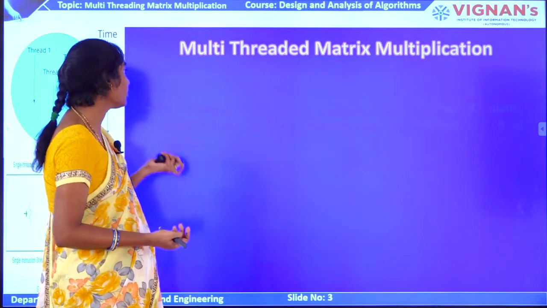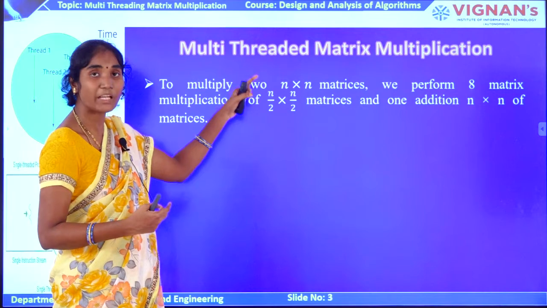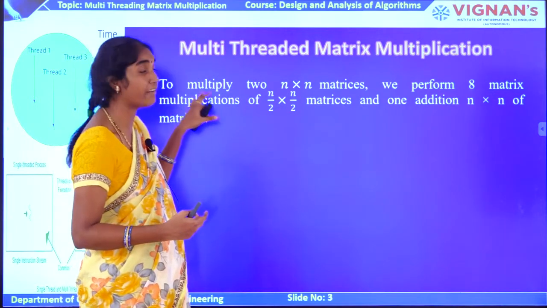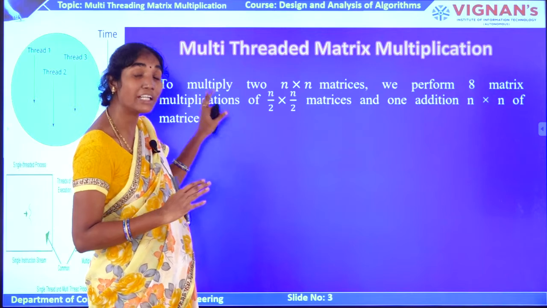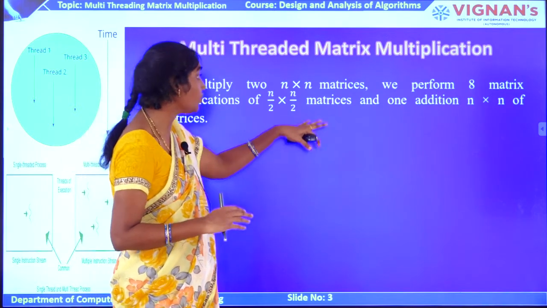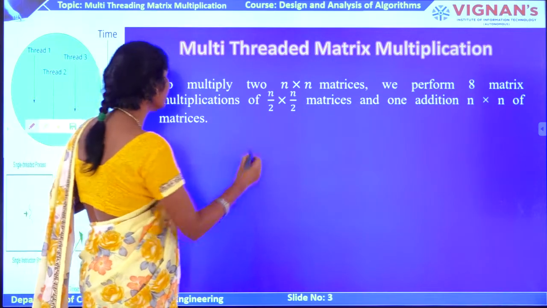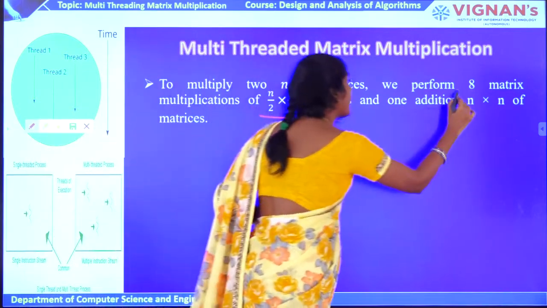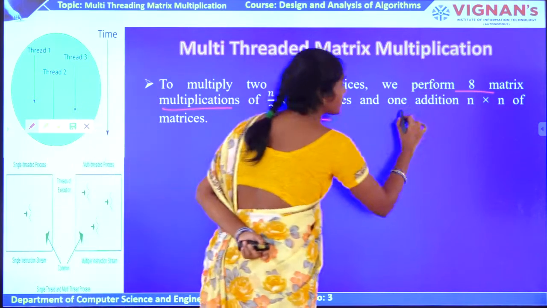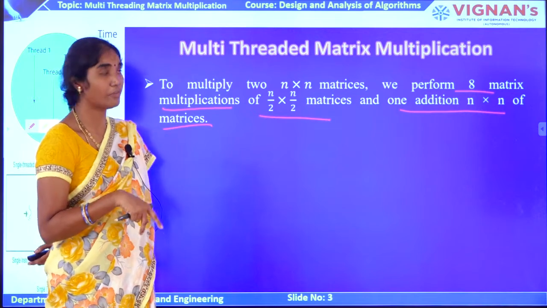To accomplish this, to multiply two n by n matrices, we are performing 8 matrix multiplications of order n by 2 into n by 2, and one addition of an n by n matrix. So now we will see how to perform this.